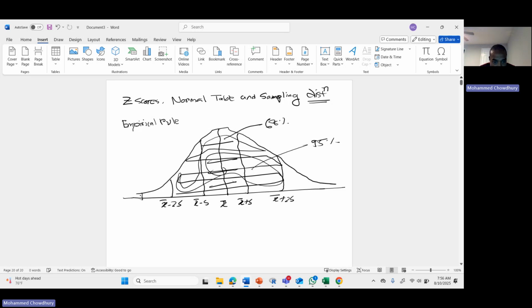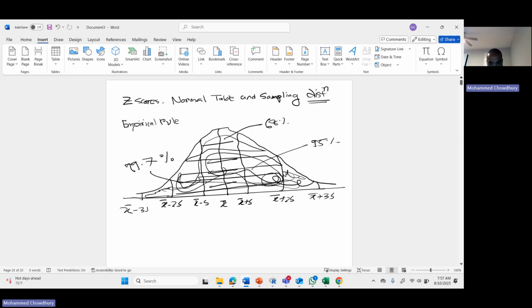Within three standard deviations from the mean, x bar minus 3s and x bar plus 3s, 99.7% of the data falls. Okay.